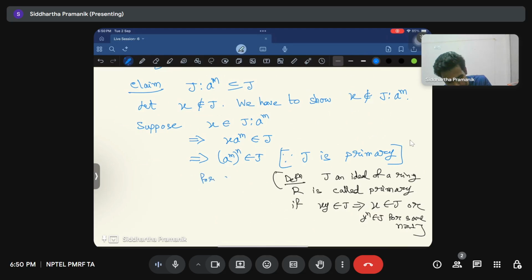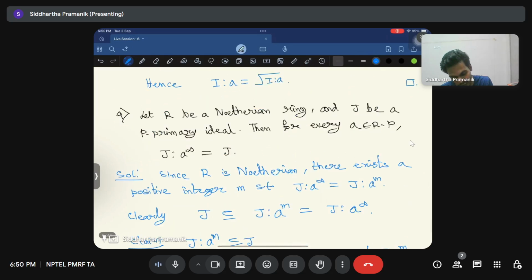This is for some positive integer n. So this implies a power mn belongs to J, and J is P-primary. That is what is given.